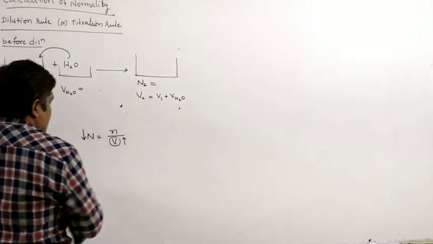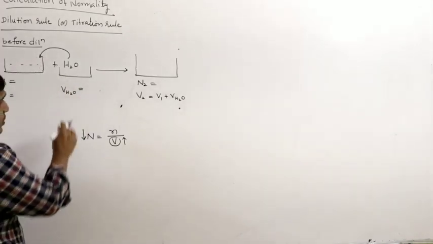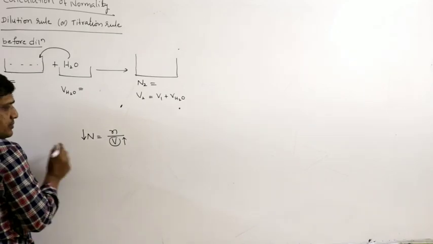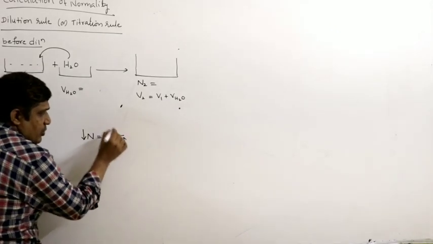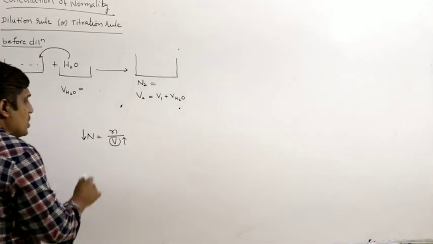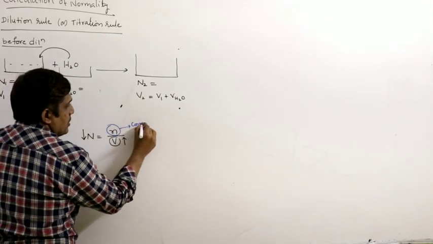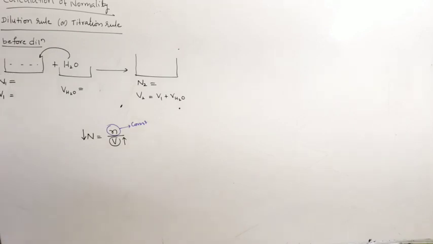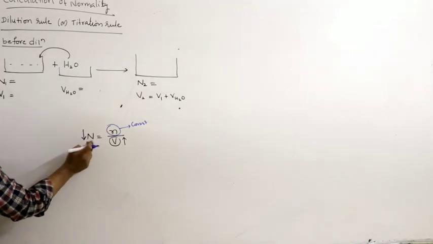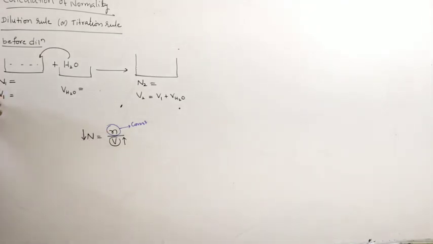So what is the basic principle? When you dilute, when you add solvent, volume increases, but number of gram equivalents of solute remains constant. So how many gram equivalents are present here? N1 into V1. Number of gram equivalents equals N into V. So before dilution it is N1 V1.